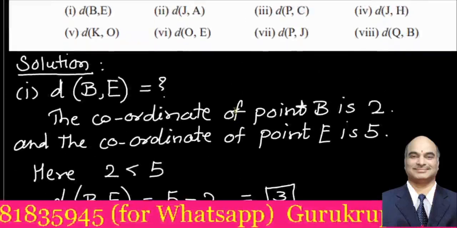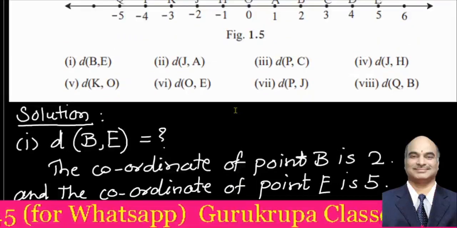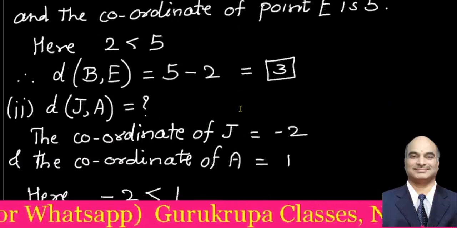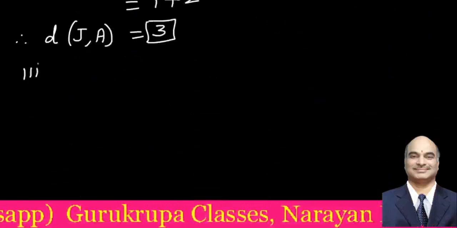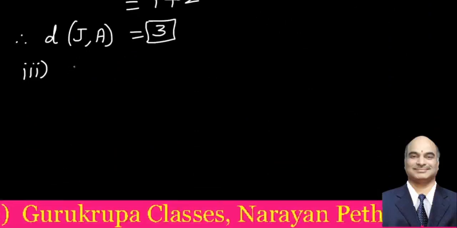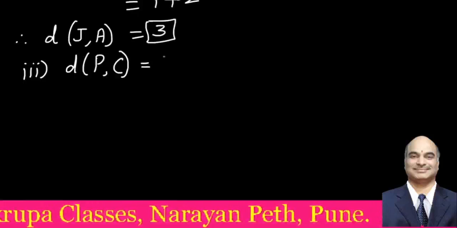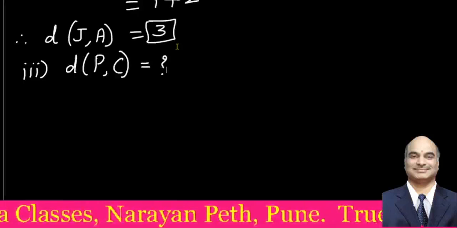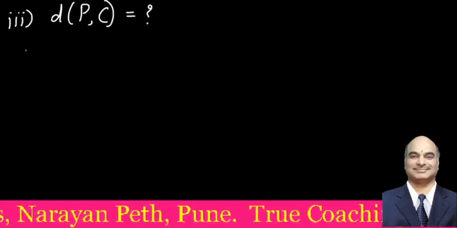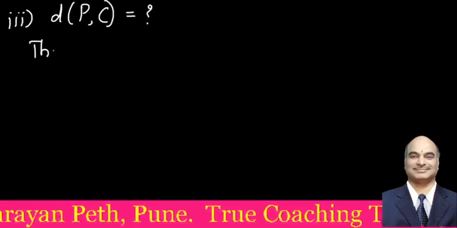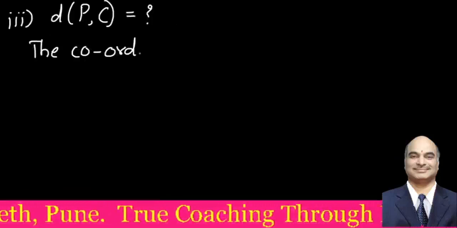Now the next one is the distance PC, the third part of this sum. We have to find the distance PC here. So first we have to find the coordinates.